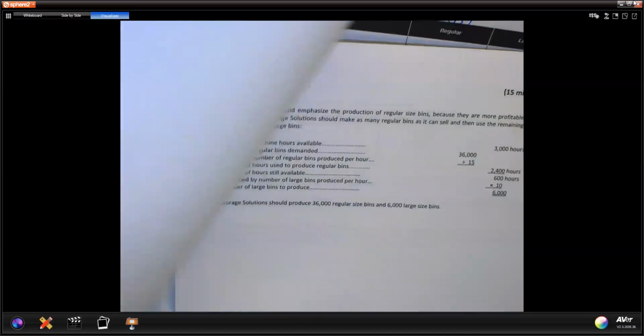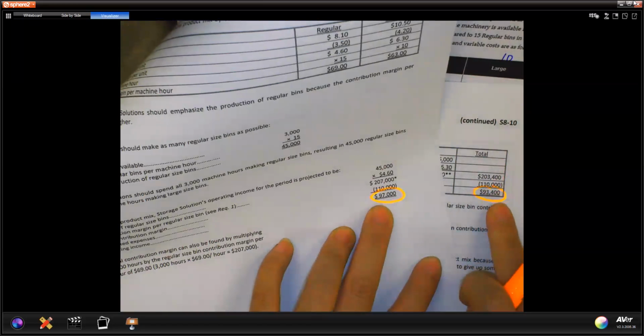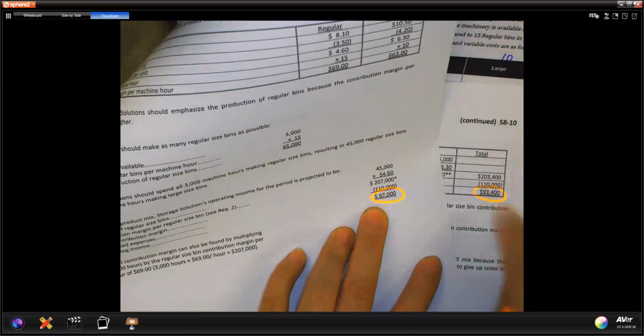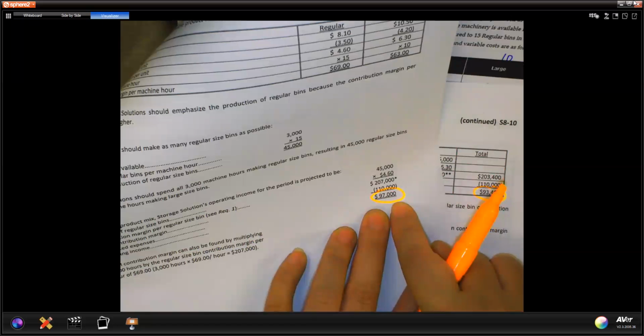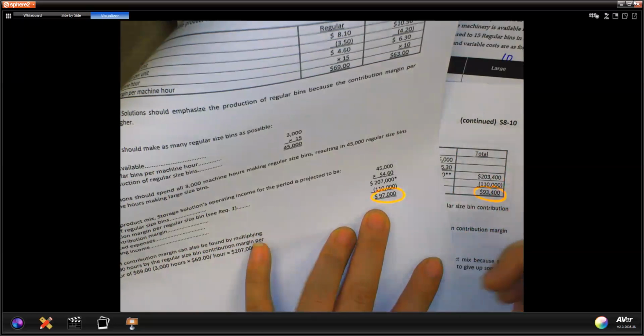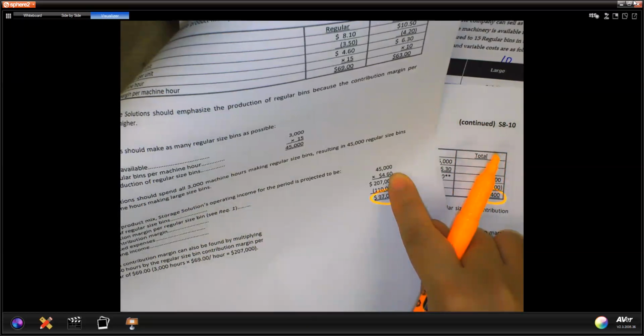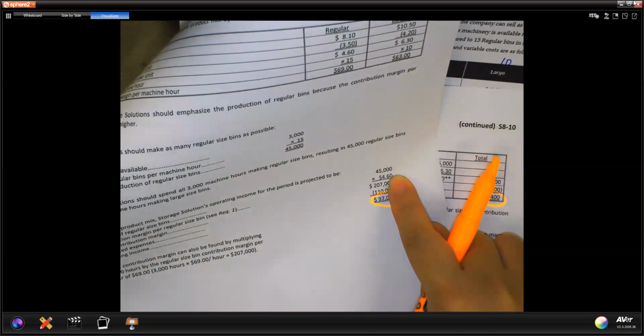But if you make some regular and then you make some large, you only earn 93,400. So the question asked why this operating income is lower than that operating income. Very clear, right? Because we should have made all the regular, but the market doesn't demand that much. So we had to go to our second best.